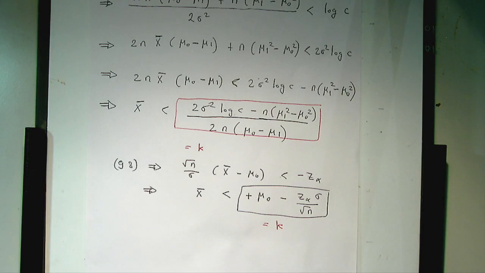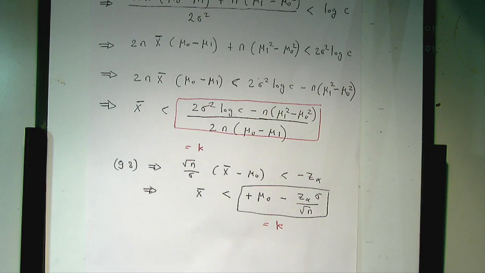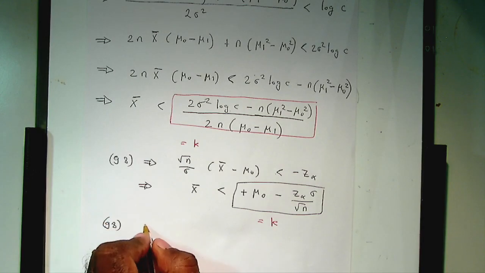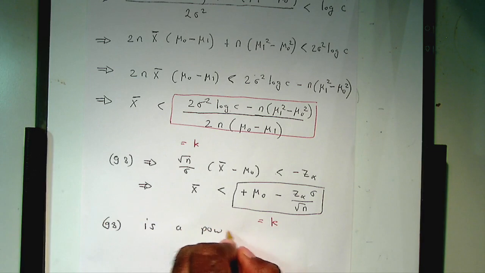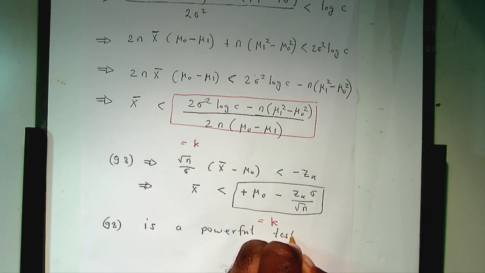So the rejection rule that you have here is of the same type as the rejection rule that we got by the NP lemma. And therefore, what this means is that 98 is a most powerful test, right?